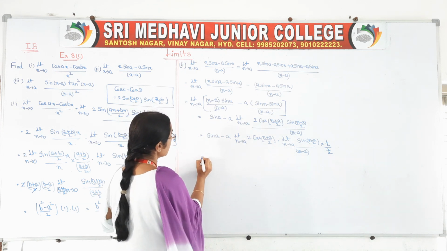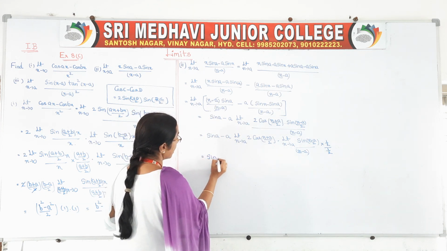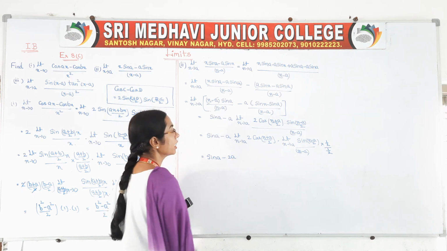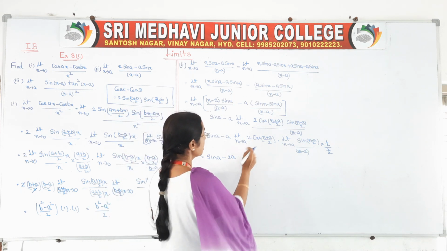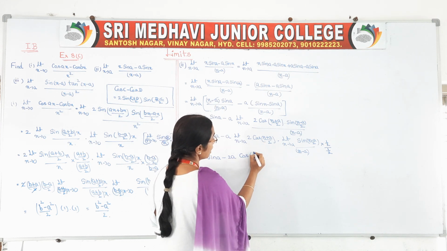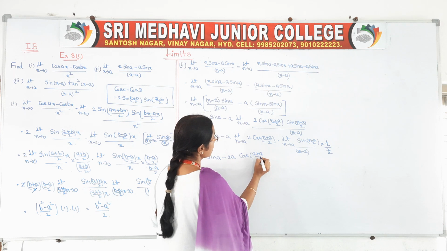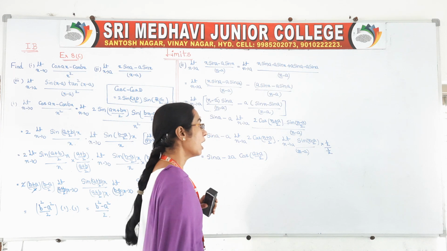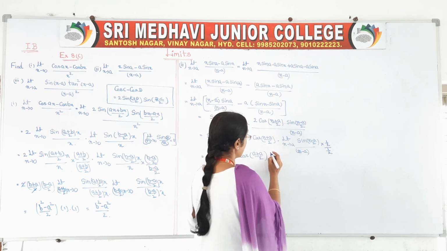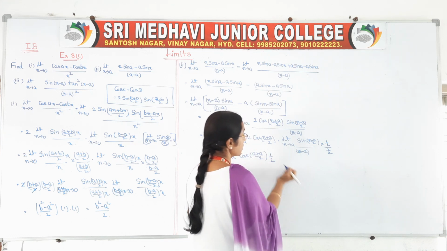So it is equal to sin a minus 2a. Apply your limit value, that is cos of a plus a by 2. And we need this 1 by 2 with this, we don't want this one, you write that outside.